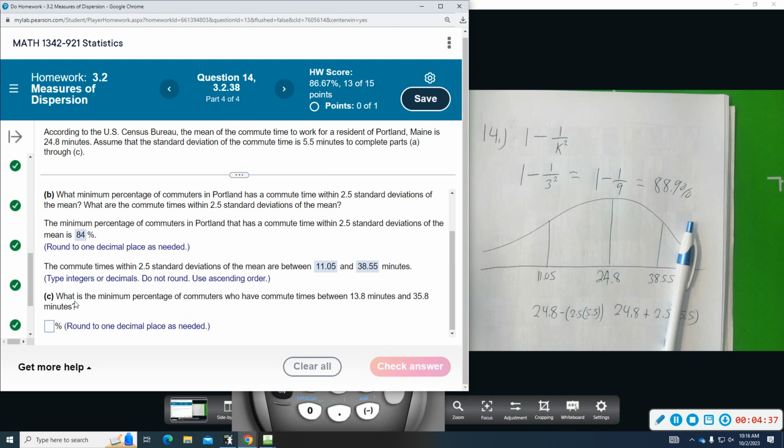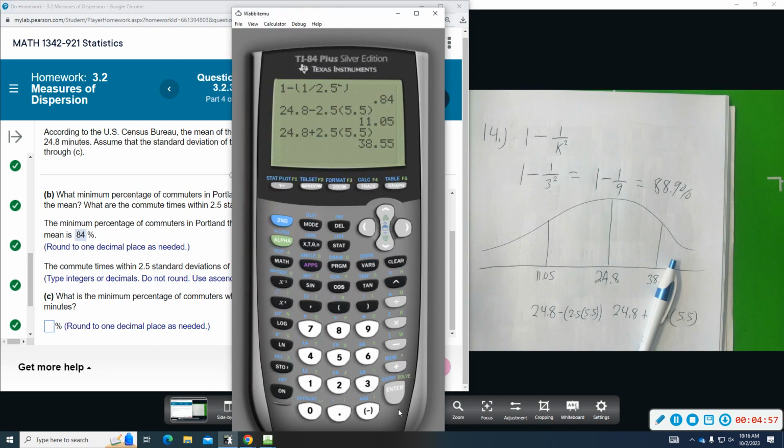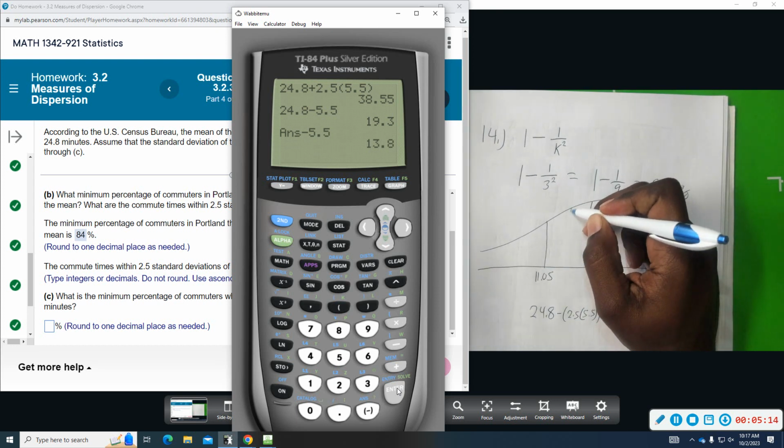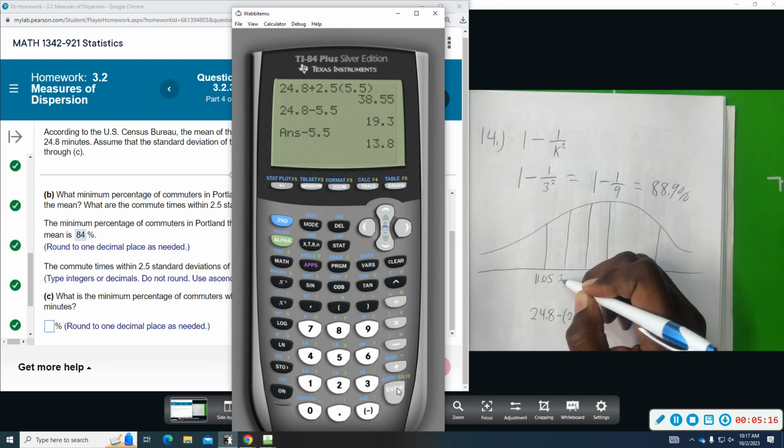And then part C, what is the minimum percentage who commute between 13.8 and 35.8? So we need to find out how many standard deviations that is from the mean. It looks like 2. So if I was to subtract 5.5, and then do it again, gives me 13.8, so I went to 13.8.